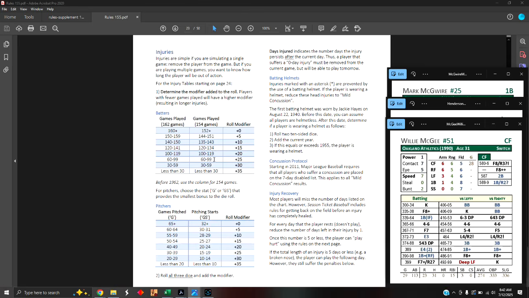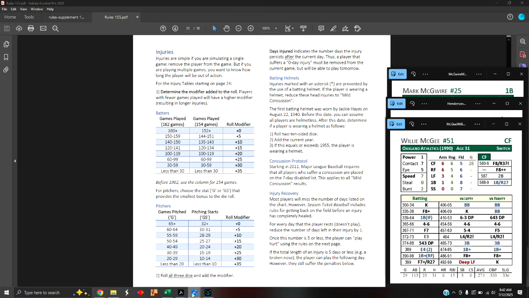That gives you a percentage. Multiply that percentage times 162, and that'll give you the equivalent number of 162 games that you can use on this chart. For pitchers, you go by the games started if it's a starting pitcher, or games pitched if it's a reliever, to give you appropriate modifiers.